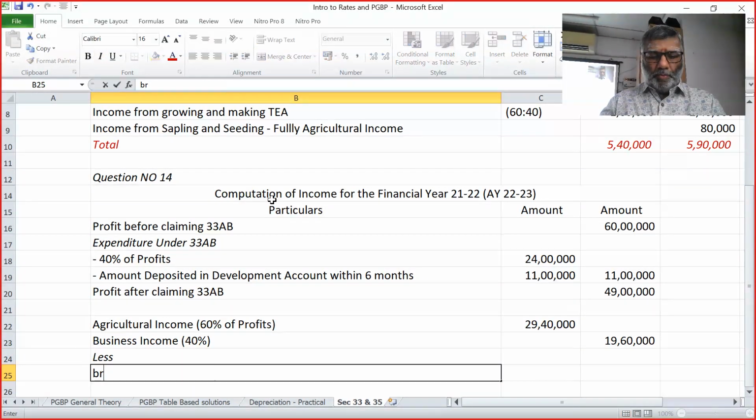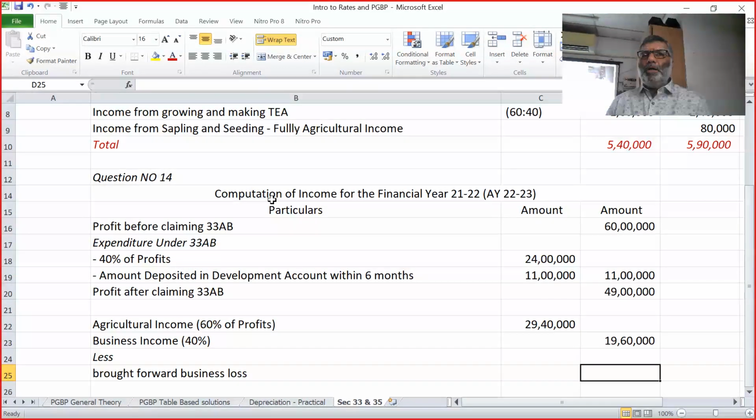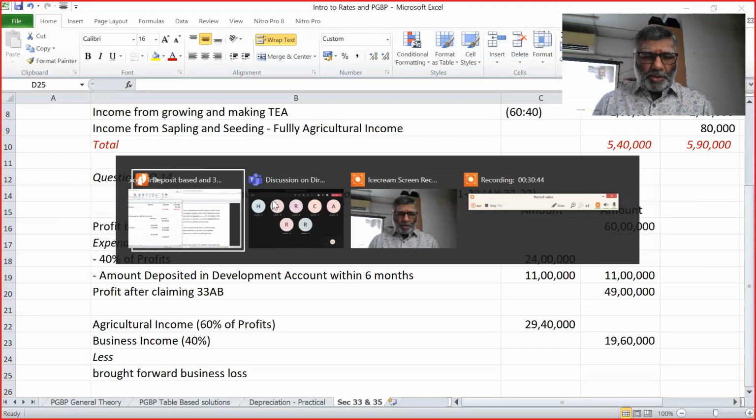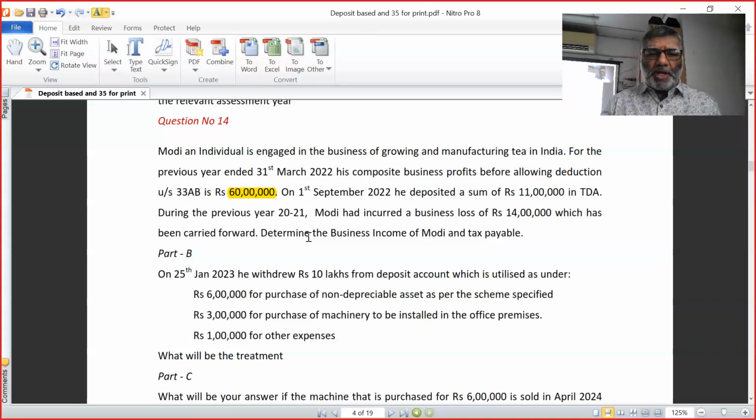Less brought forward business loss. There is a loss which needs to be adjusted.